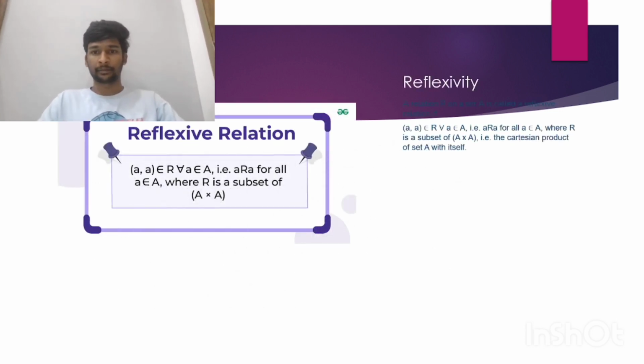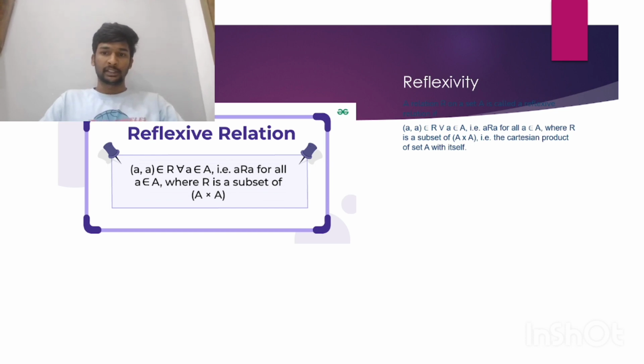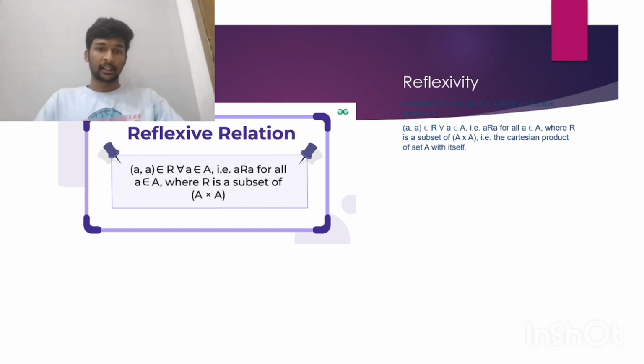Now reflexivity. A relation R on a set A is called a reflexive relation if (a, a) belongs to R for all a belonging to A, where R is a subset of A×A, the Cartesian product of set A with itself.